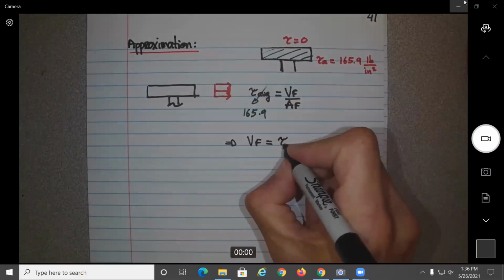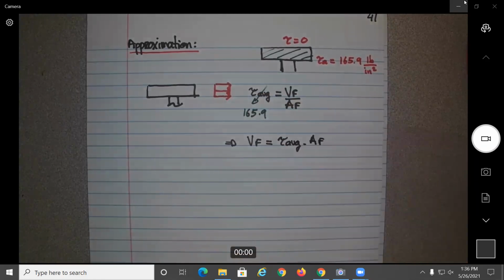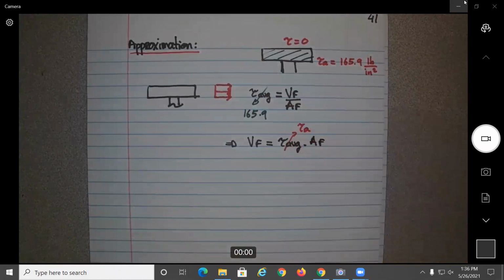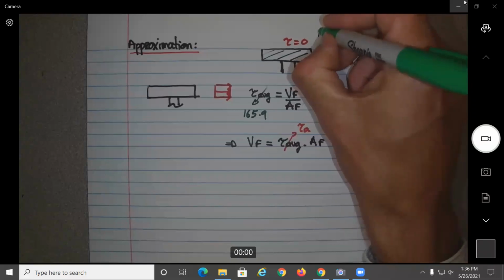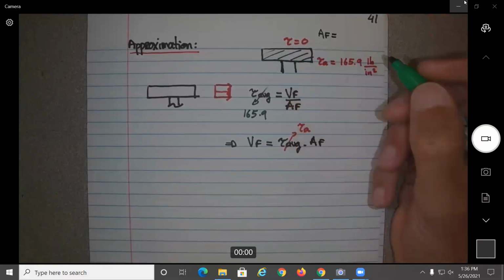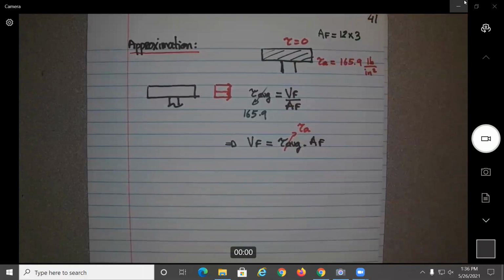The tau average, which we assume is equal to the tau sub A, times the area of the flange. What would be the area of the flange? What is this area over here? I mean, we did it before, it is 12 times 3.